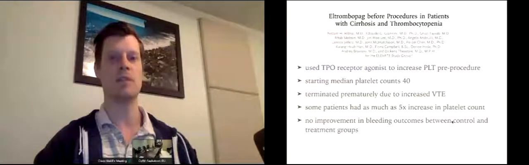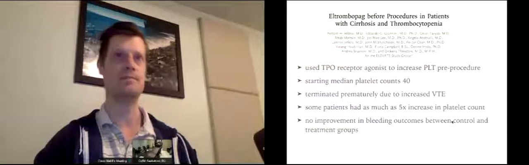The platelet counts did go significantly higher in the treatment group as well, up to 5 times higher. This suggests that attempting to increase platelet counts may actually place patients at an increased risk of thrombosis. Even more notably, though, the higher pre-procedure platelet counts achieved by the treatment group did not improve bleeding outcomes relative to controls.